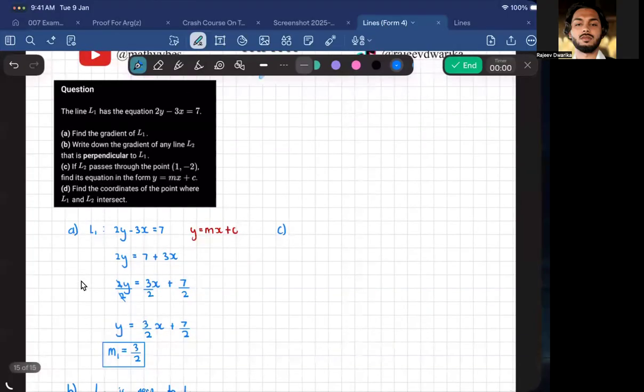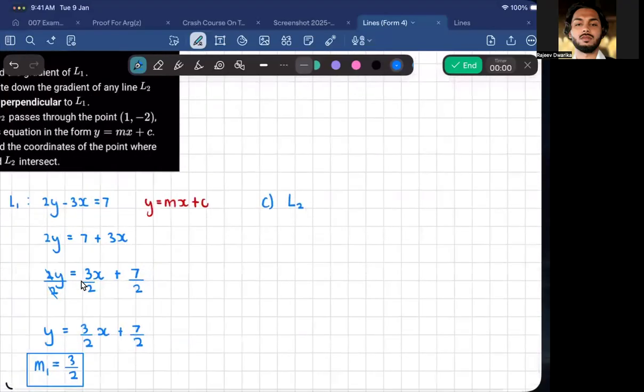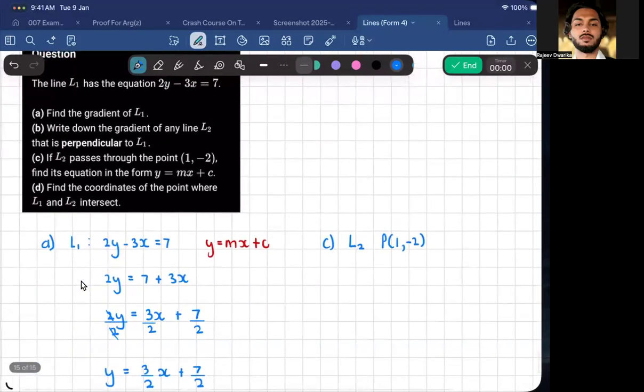All right. Yeah, so Avinash, part C. They're saying that L2 is passing through a point P. Well, I'm gonna call it P, it doesn't matter. You can call it anything. So the point is (1, -2).